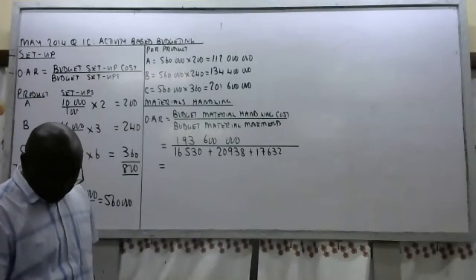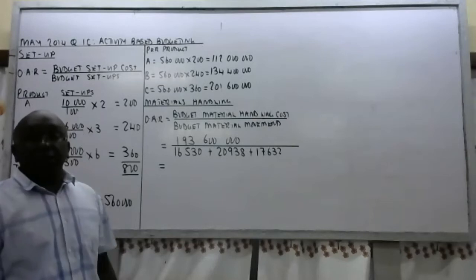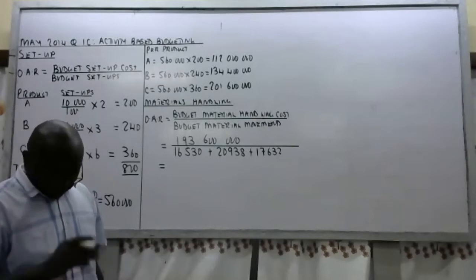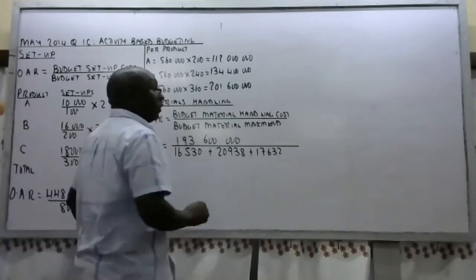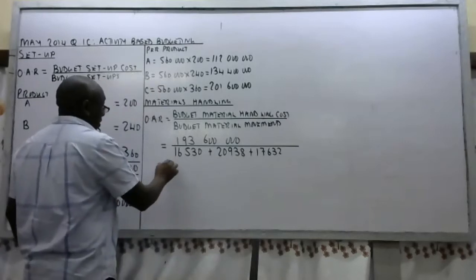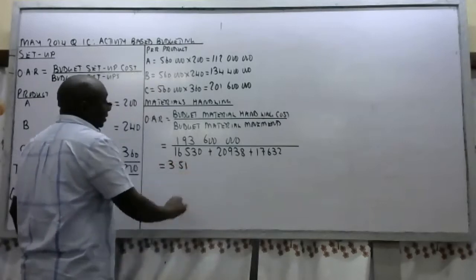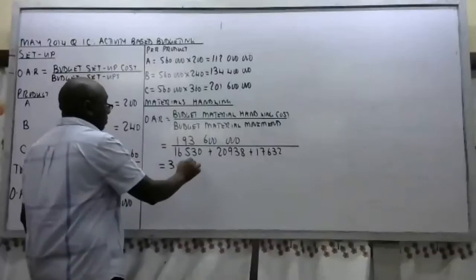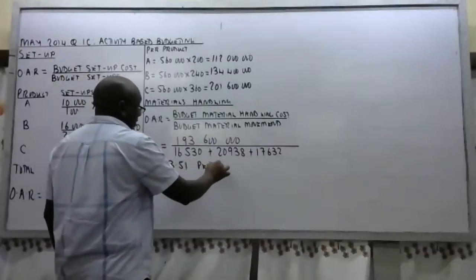Yeah, I can see 3.51 from June. $3.51. And remember, this is per movement.